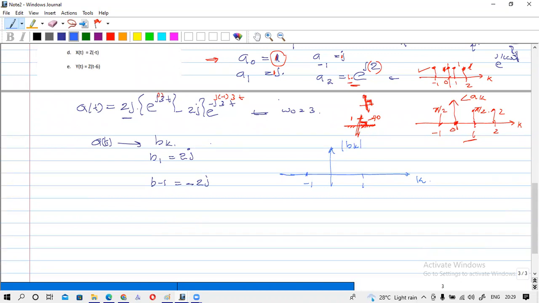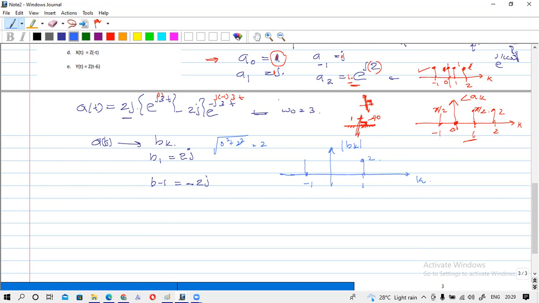If you find the magnitude, it will be the square root of 0 squared plus 2 squared, so it will be 2. So at plus 1 you have 2.